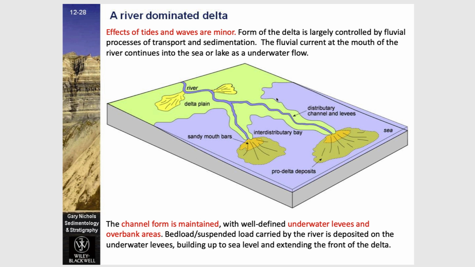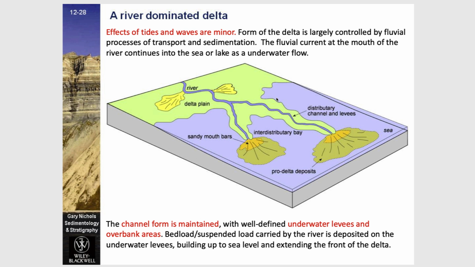So if you have really quiescent and really shallow conditions, so you don't have big slopes, in those instances we have a good opportunity to see a river prograding very rapidly towards the ocean and forming these distributary channels and levees that again link with these prodelta deposits through the mouth bars.